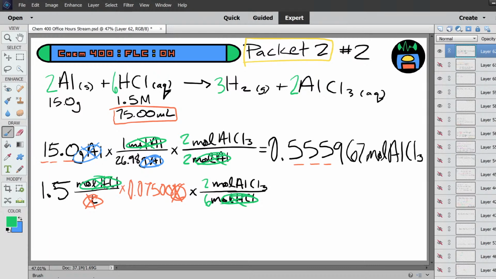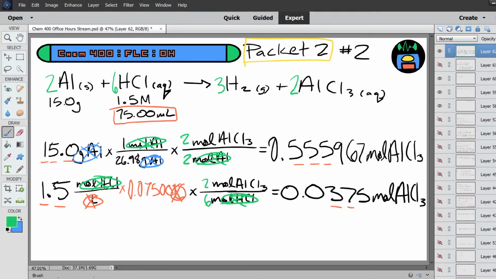And we are good to crunch our numbers. 1.5 times 0.075 times 2 divided by 6 is 0.0375 moles of aluminum chloride. Here, we're limited to 2 sig figs because we have a molarity of 1.5.